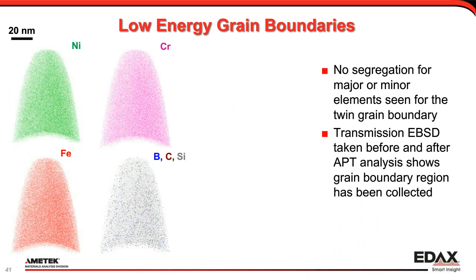When we looked at our individual ion maps of nickel, chrome, and iron, which are major components of the alloy, we didn't see any variations in composition or special segregation of those. And when we looked at our minor components of boron, carbon, and silicon, those were also uniformly distributed throughout the sampling volume.